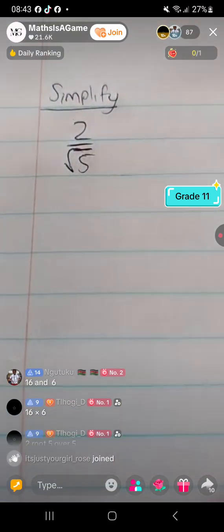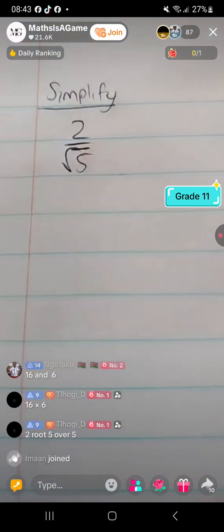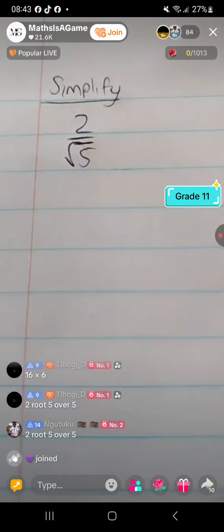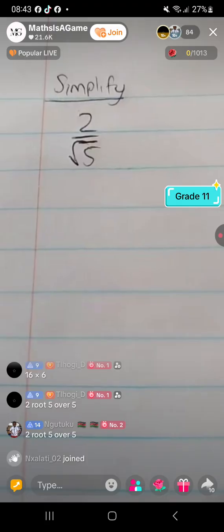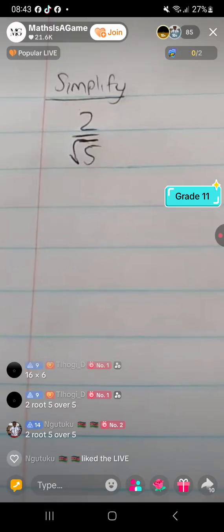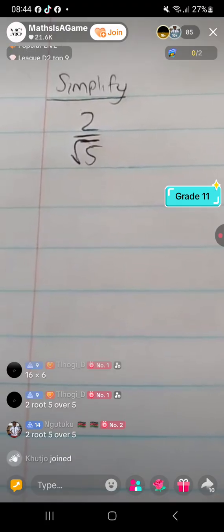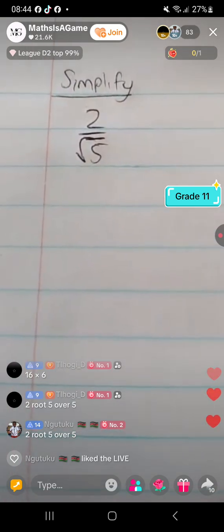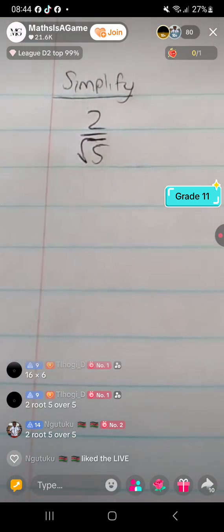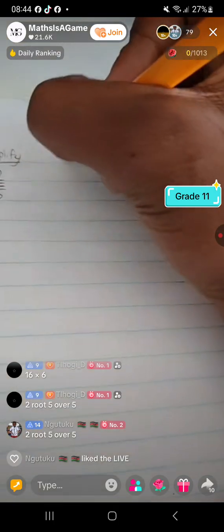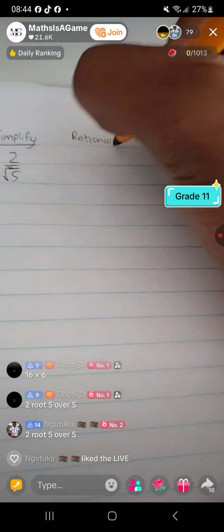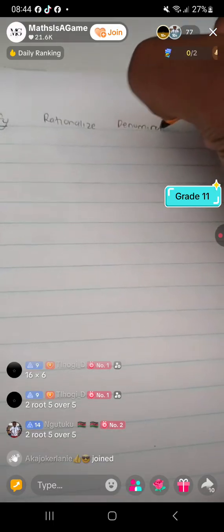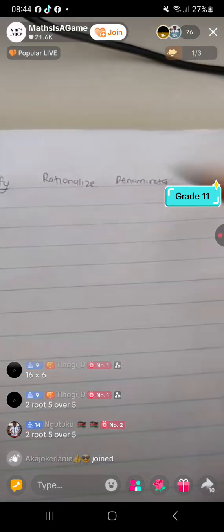Someone is saying in the comment section, but say, this is already simplified. 2 root 5 over 5. Okay, so you guys are right telling me the final answer. Very good. Guys, remember here we apply that process that we call rationalizing the denominator.